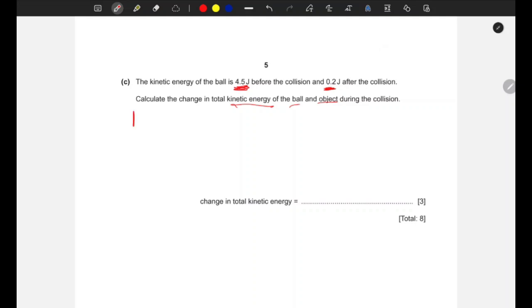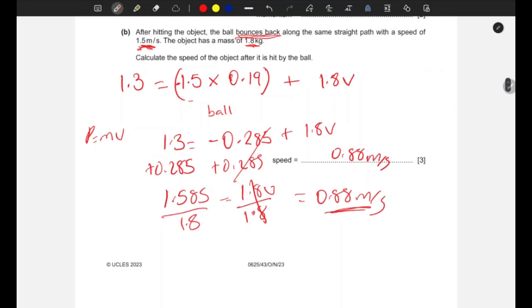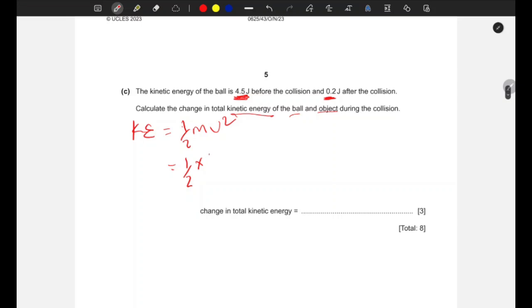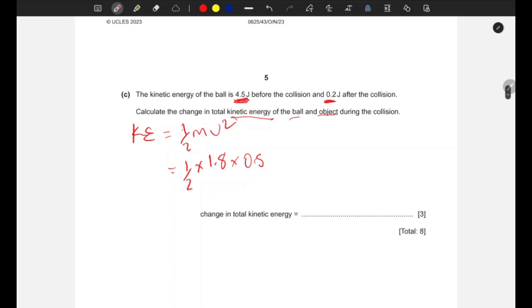Kinetic energy is equal to half mv squared. So it's going to be half times the mass of the object, which is 1.8, times the speed of the object, which is 0.88, squared. That would give us 0.697. So that would be the kinetic energy.